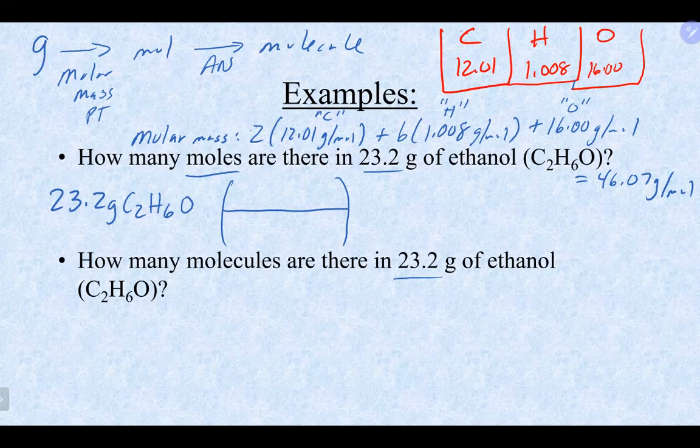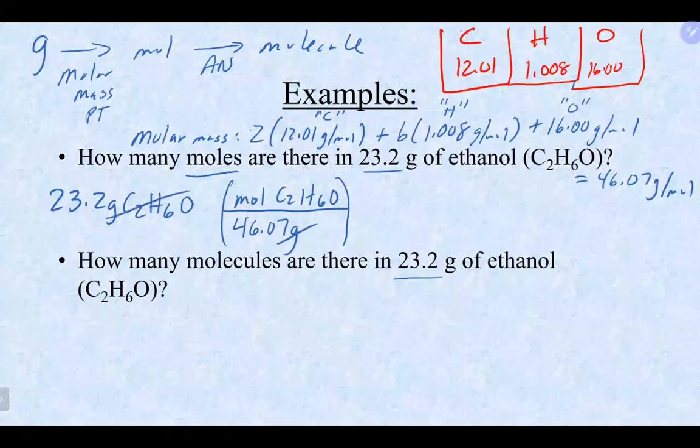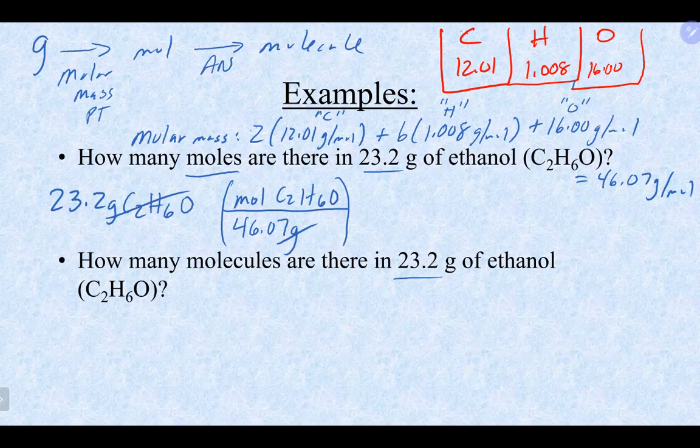So we'll go with the 46.07 grams on the bottom and a mole of our ethanol there on top. The grams here will cancel, and we get an answer of something like 0.504 moles of ethanol here.